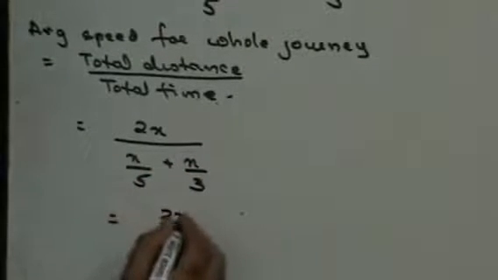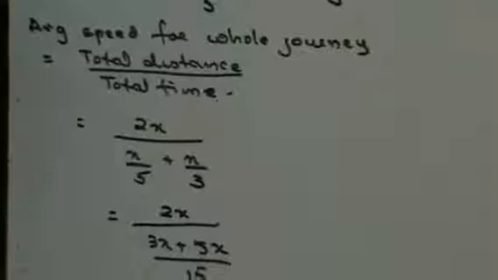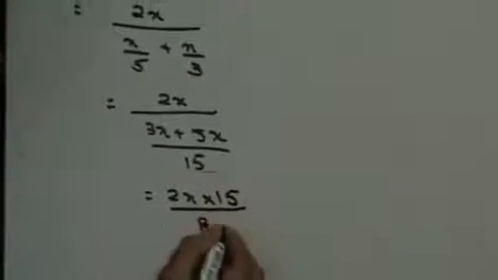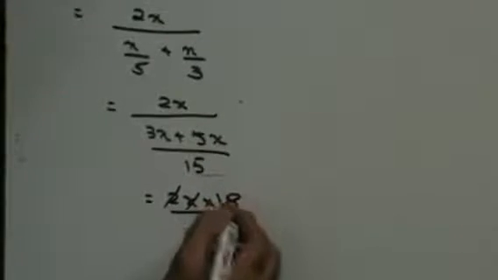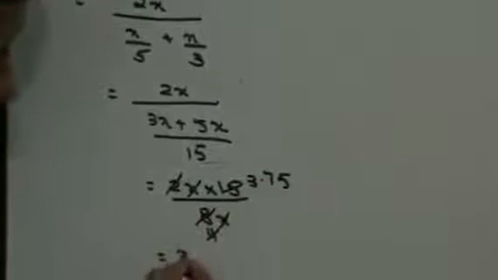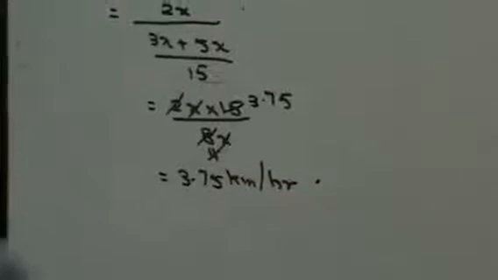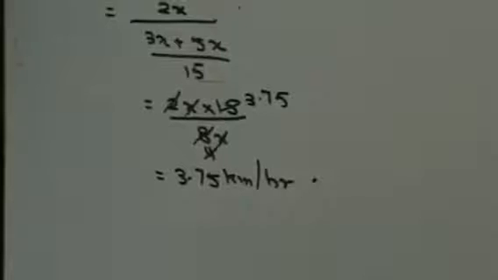So this is going to be 2x upon 3x plus 5x upon 15. Denominator of denominator becomes numerator, so 2x into 15 upon 8x. x and x get cancelled, 1s are, 4s are, 4 3s are 12, 7s are 28, 5, 3.75 kilometers per hour. Right? So it is 3.75 kilometers per hour.